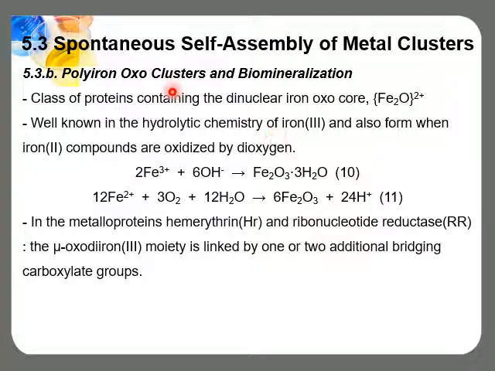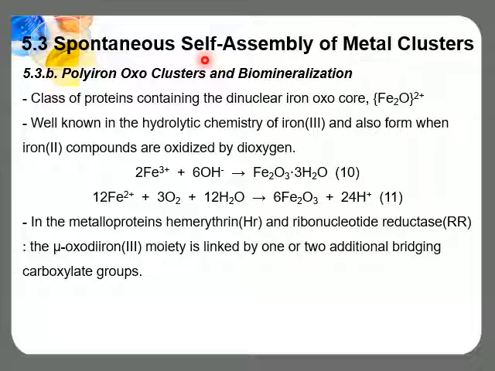Okay, then let's study the polyiron oxo clusters and biomineralization. Polyiron oxo cluster is one of the examples of biomineralization. You know that inside the body, iron is well utilized in various aspects.